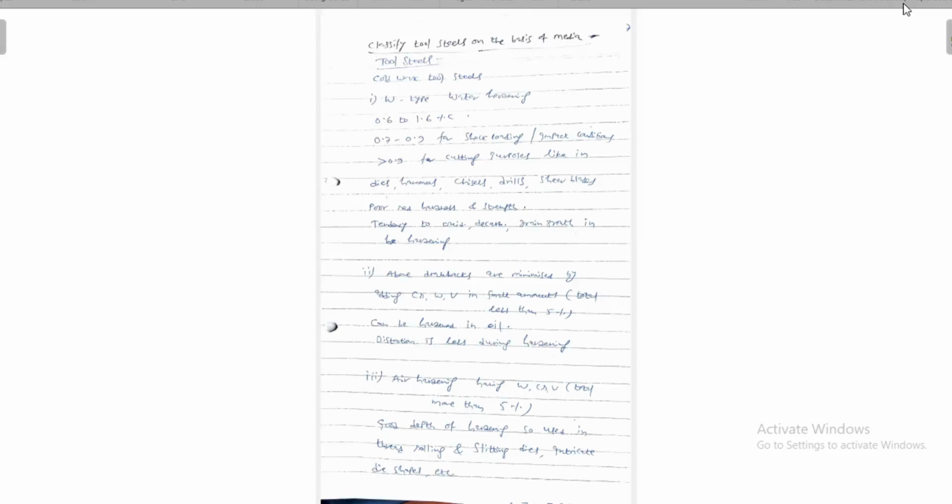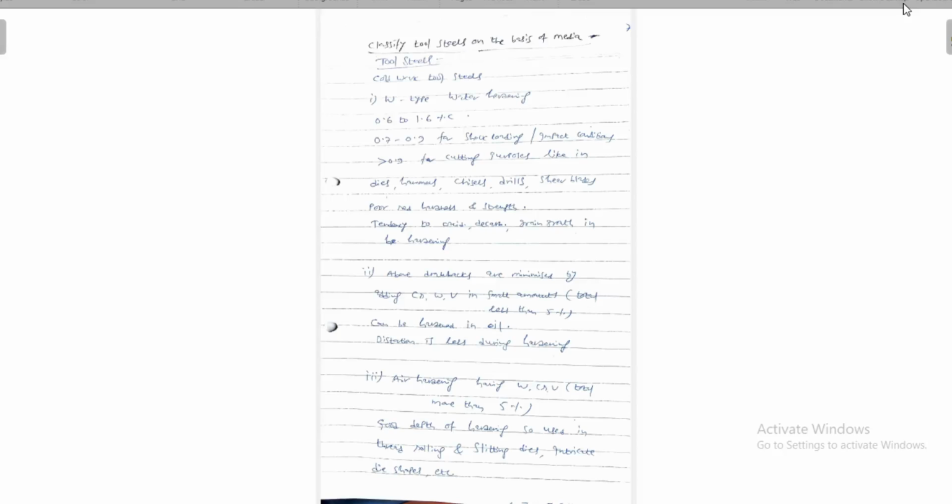The application will remain almost similar to W type, but wherever we need to avoid the problem of cracking and distortion and to improve the properties of tool steel, then oil hardening type of tool steel will be selected. Since the distortion is less, the shrinkage is also less. It is also known as OHNS steel, oil hardened non-shrinkage tool steel.